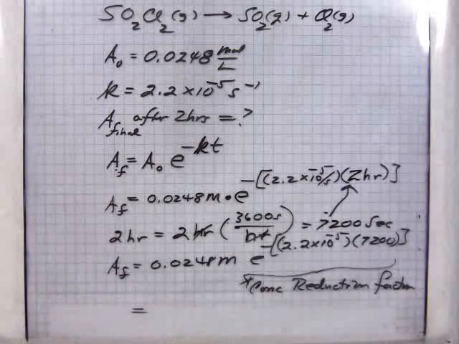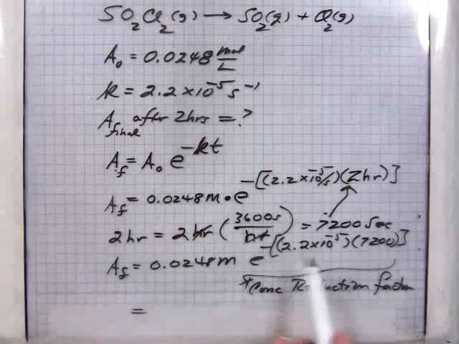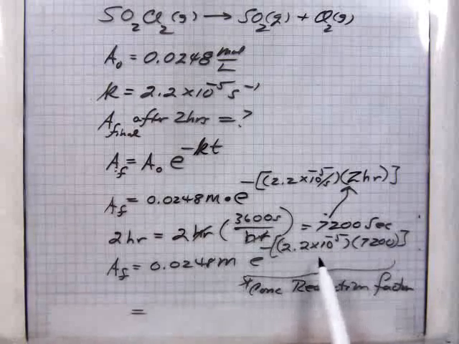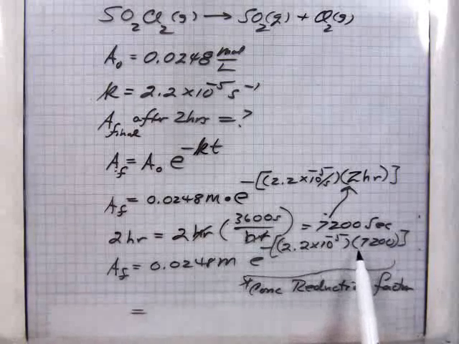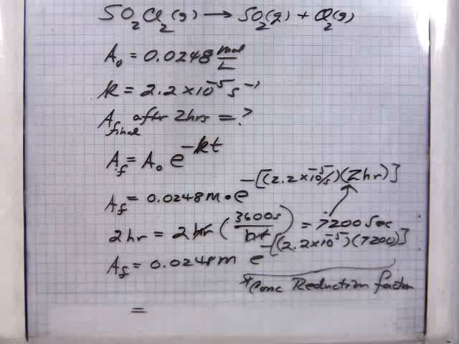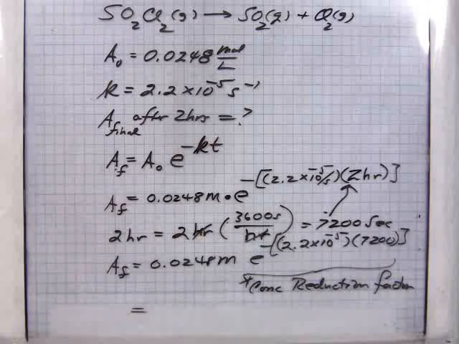So now I would suggest, if you haven't worked these before, when you set up your exponential values, be sure to bracket them off so you won't misinterpret the signage and how it's applied. Okay, so that's 2.2 times 10 to the minus 5 times 7,200. And that has a negative value.